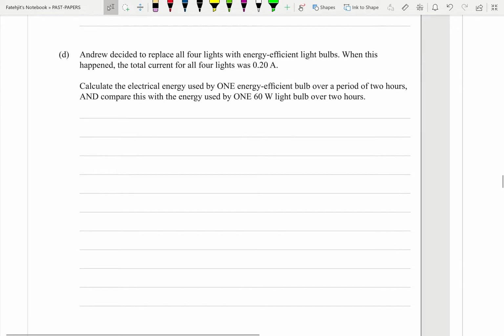So D. Andrew tries to replace all four bulbs in the center. I haven't read through the question, by the way. So the total current is this. Electrical energy used by 1. We need the electrical energy this time. Period of 2 hours. So the first thing to do is make sure all the numbers you're using are in SI units.